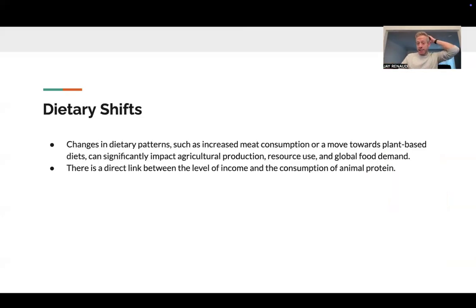We're going back to dietary shifts, right? We as Americans, if we change our dietary patterns, you'll see those changes in the grocery store. You'll see the supply of whatever it is change. If we demand more organic, you're going to see more organic. As countries develop economically, there is a higher demand for animal proteins.